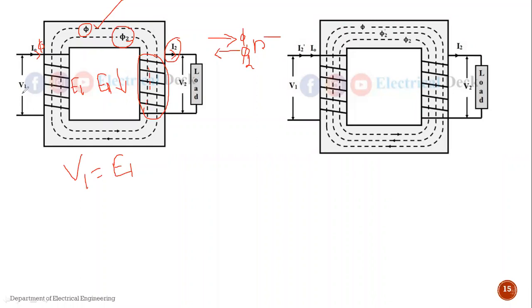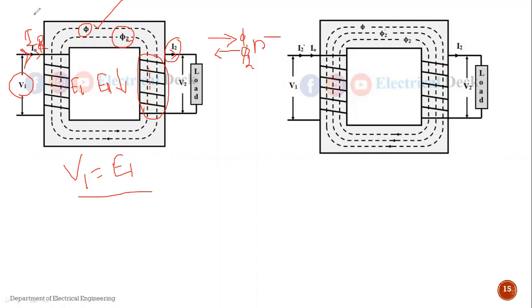At that situation the supply voltage remains constant, that means the supply voltage stays higher than the induced EMF. The supply voltage will obviously be greater than the induced EMF. To meet the value V1 equals E1, again some current is taken from the supply. To meet this value, it will take some current from the supply.